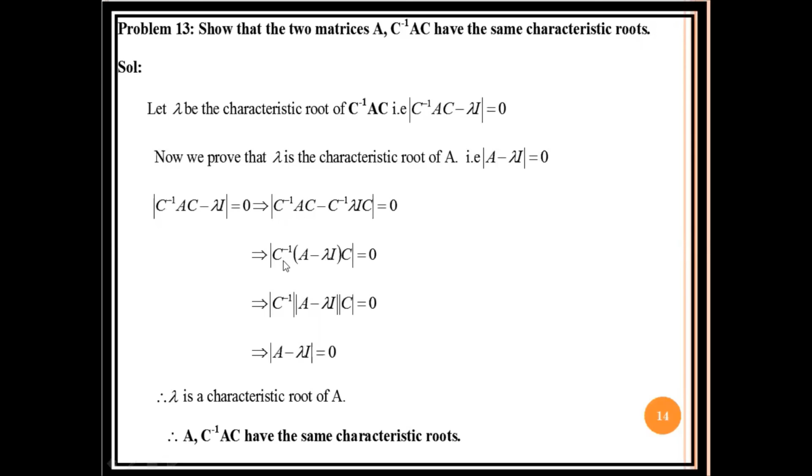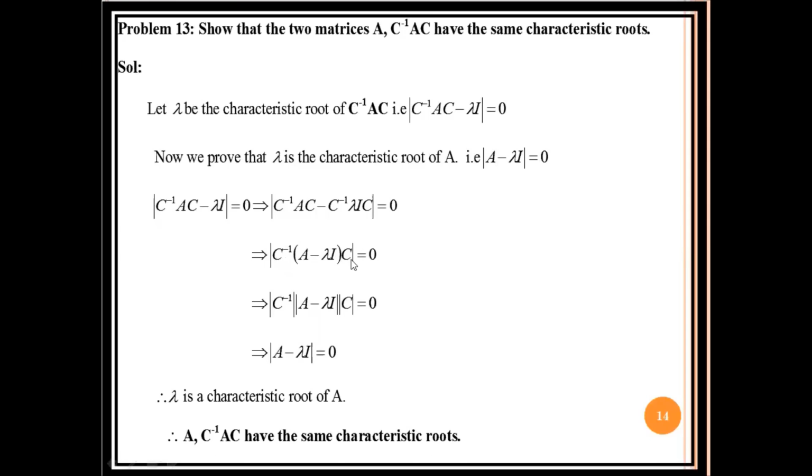Now on the left side take C inverse common, on the right side take C common. The remaining terms are A and lambda I, so the leftover term is A minus lambda I, right? So this is equal to 0.